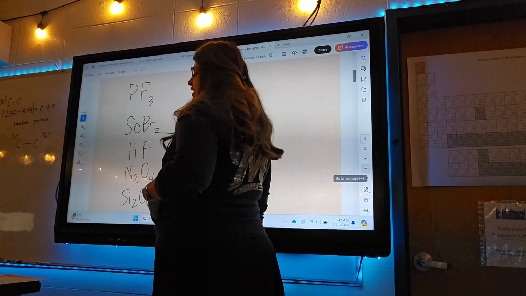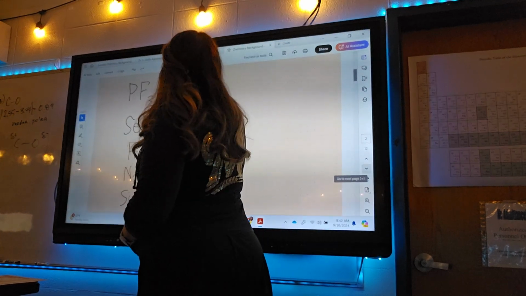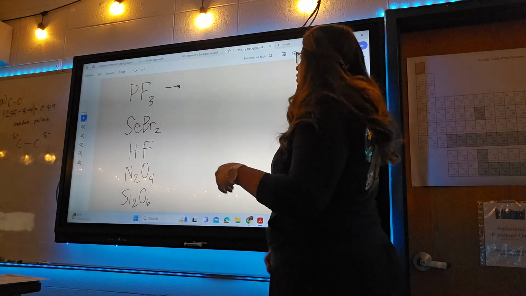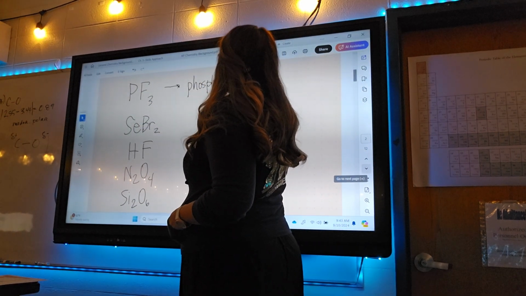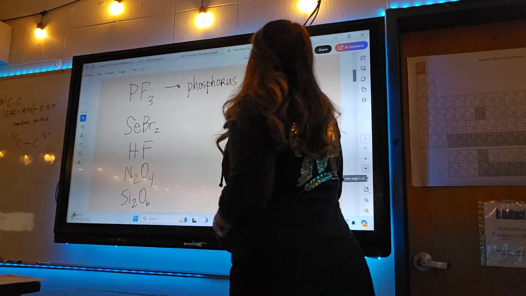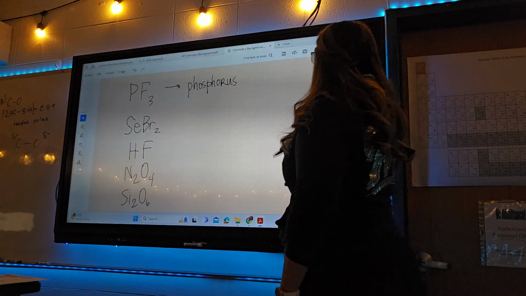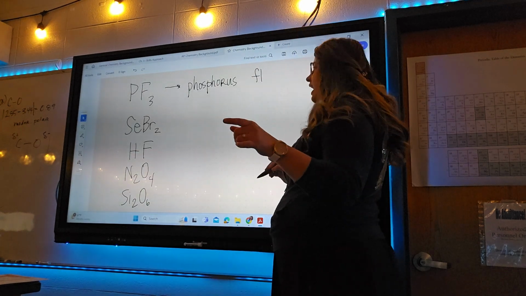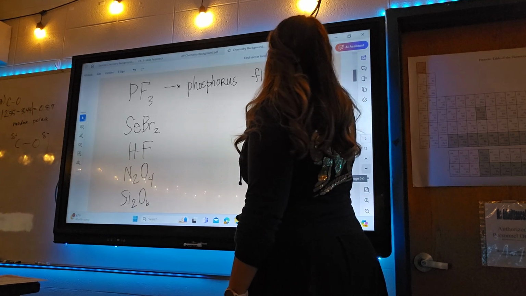Alright, I'm gonna go through each of the instructions individually for each of these. Alright, so step A says to write the elements as they occur. Phosphorus. Phosphorus is not OUS at the end, it's just US. And then fluorine, but I know that I need to have that IDE suffix, so I'm going to already write it down as IDE.